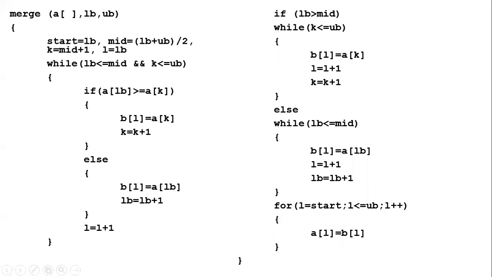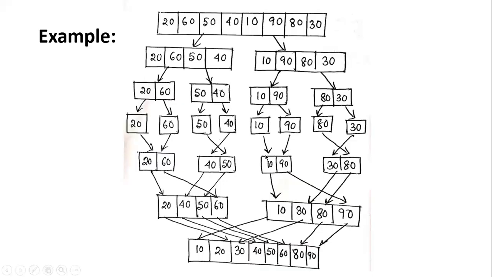But how? Because the content of A[K] is stored into the B array. That is the fifth location content. What was the fifth location content? The 30 was in the fifth location: 0, 1, 2, 3, 4, 5th. So the 30 is the fifth location content, and it has been dumped to the temporary array B.